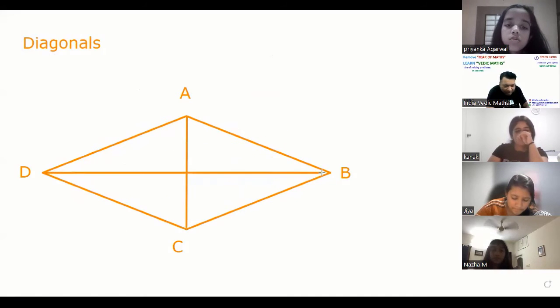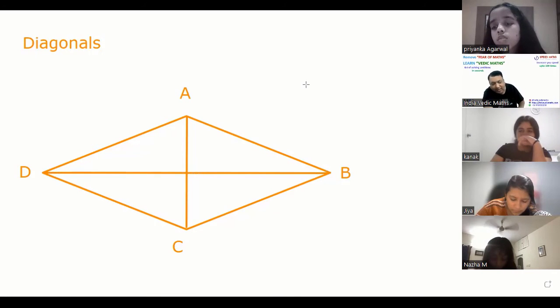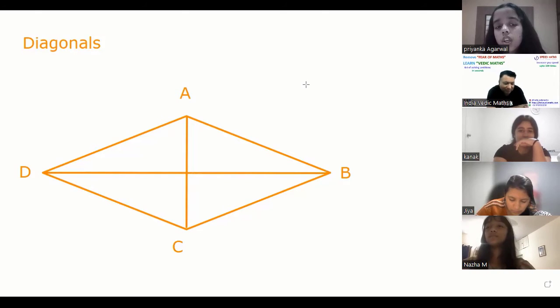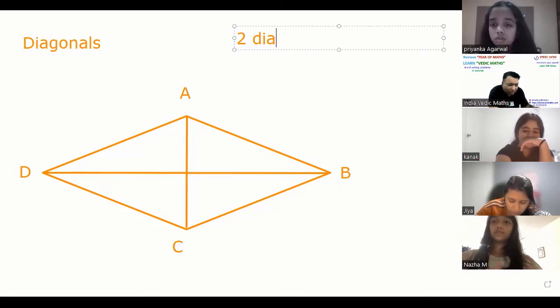I want everyone to tell me on the chat how many diagonals there are for this and what the names of the diagonals are. How many diagonals are there? Sir, 2. Very good. 2 diagonals. Can you write the names of the diagonals, guys?